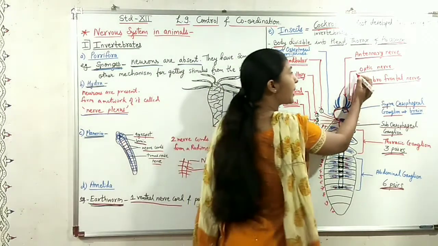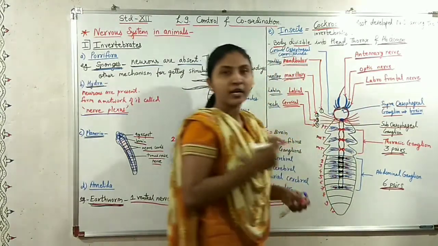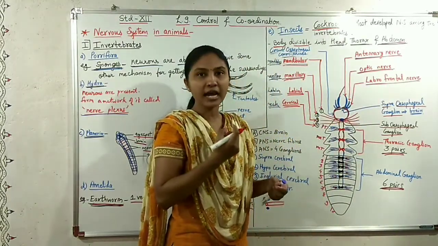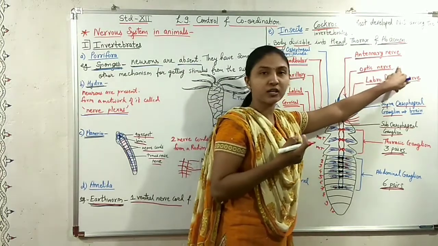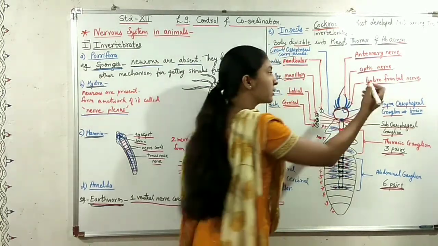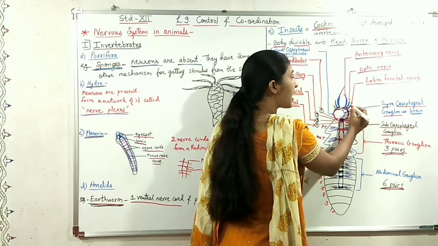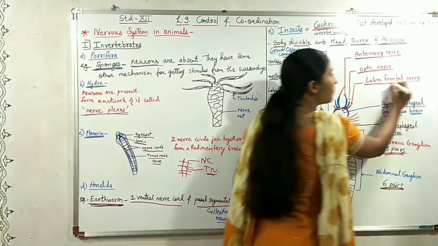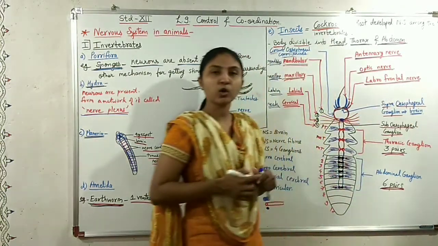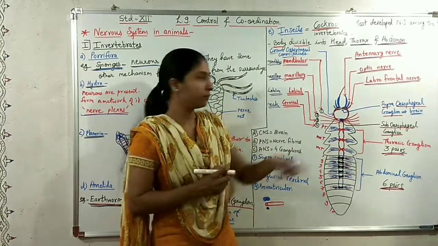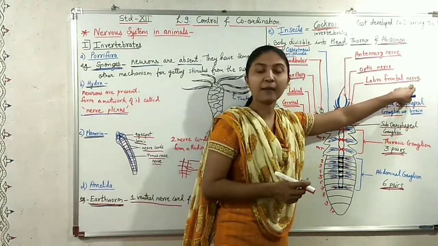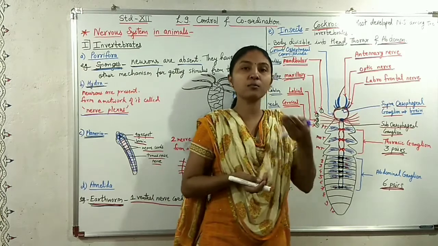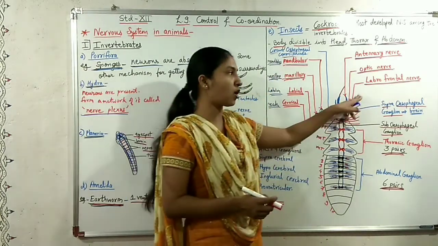The second pair is the optic nerve. It controls the movement of the eyes, so it is called the optic nerve. It goes to the eyes. The third pair of nerve fibers is the labrofrontal nerve. It goes to the upper lip, labrum, so that's why it is called the labrofrontal nerve. It controls the movement of the upper lip in the cockroach.